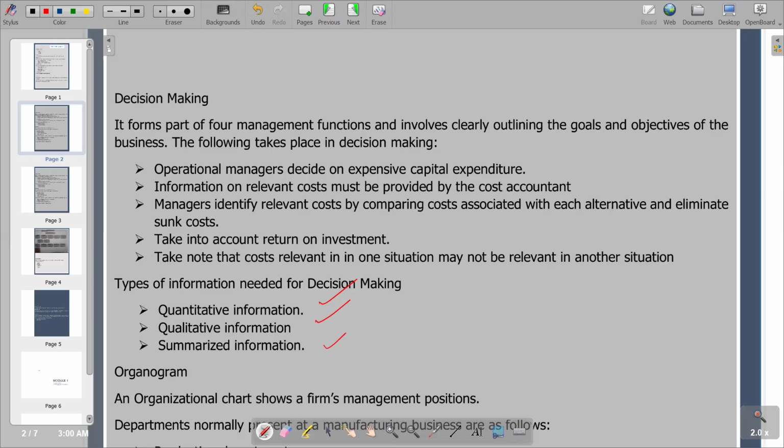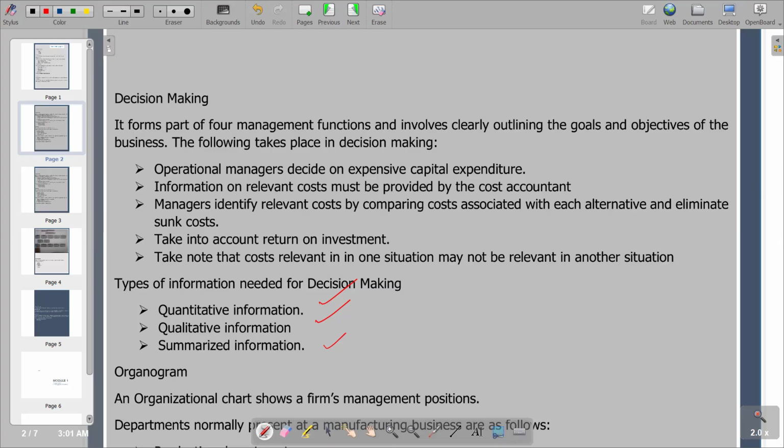We have a lot of accounting information that leads us to prepare an income statement, but when it's not presented in the income statement form, it's now summarized. It is very important information in terms of decision making, especially on the part of the management, because it gives a general overview of how the organization is performing. So basically, that's what we call summarized information.